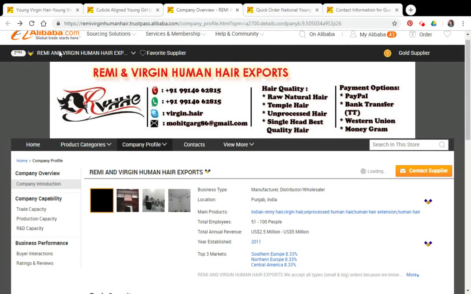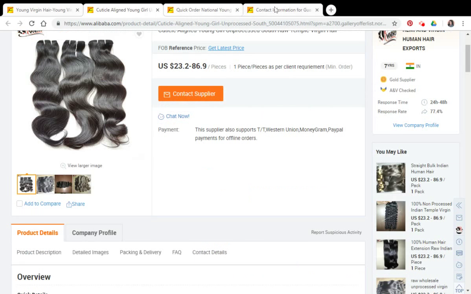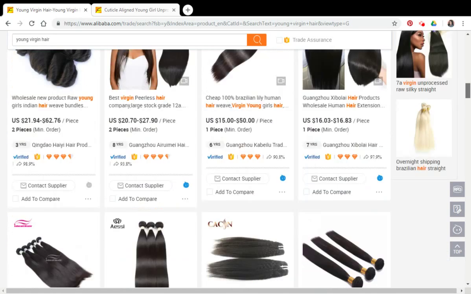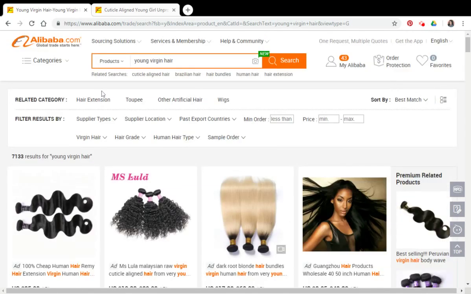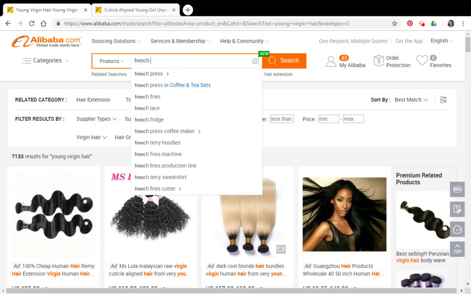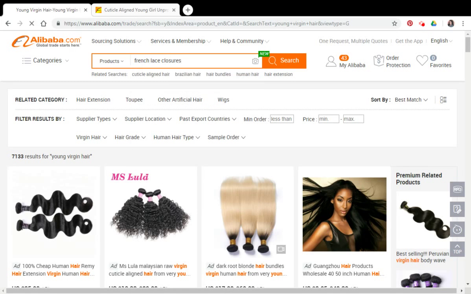Okay, so like I said, most of you who are looking for, say, bundled hair, you probably will be looking for frontals and closures as well. So let's do a brief search for, let's say, French lace closures.